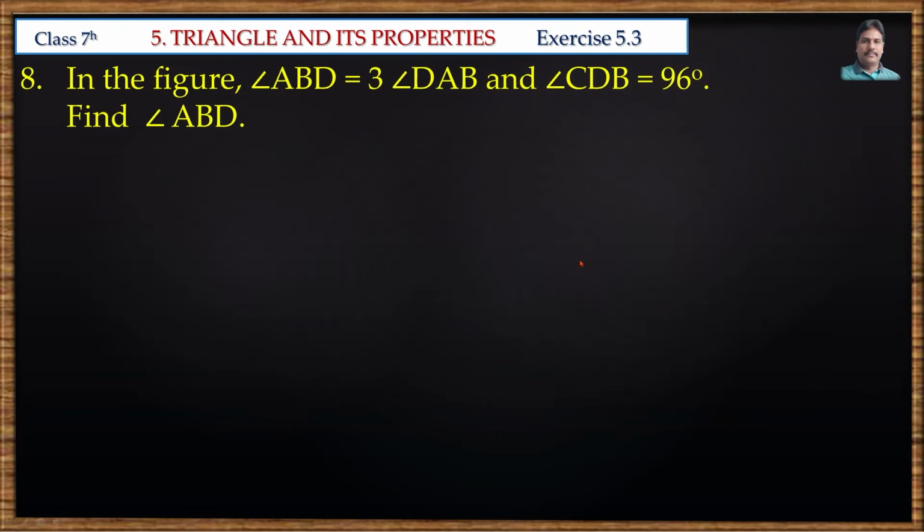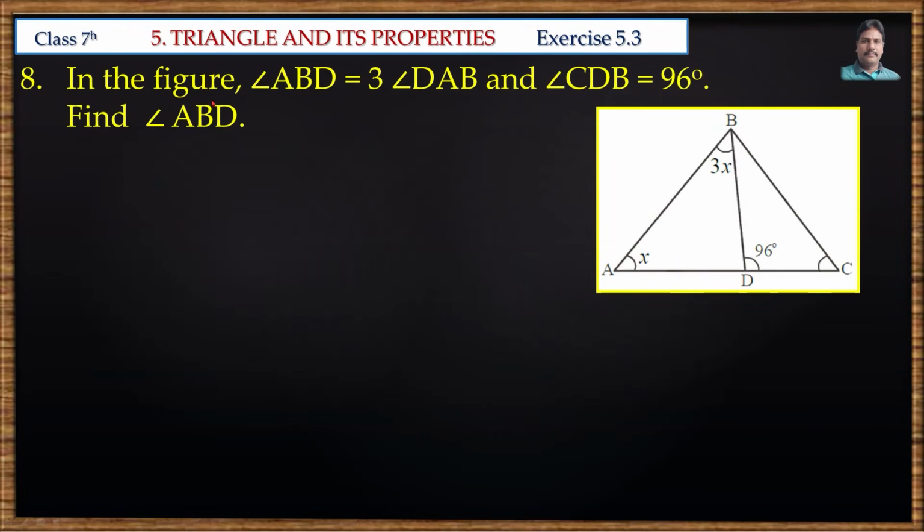Next problem. In the figure, angle ABD is equal to 3 times angle DAB and angle CDB is equal to 96 degrees. Find angle ABD. See the figure?